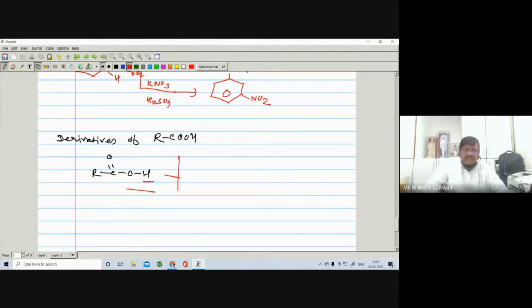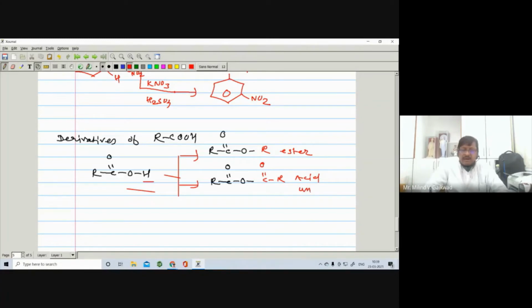For example, if you replace H by R, you get R, C double bond O, O, R, which is called an ester. Similarly, if it is replaced by C double bond O, R, it is called an acid anhydride.